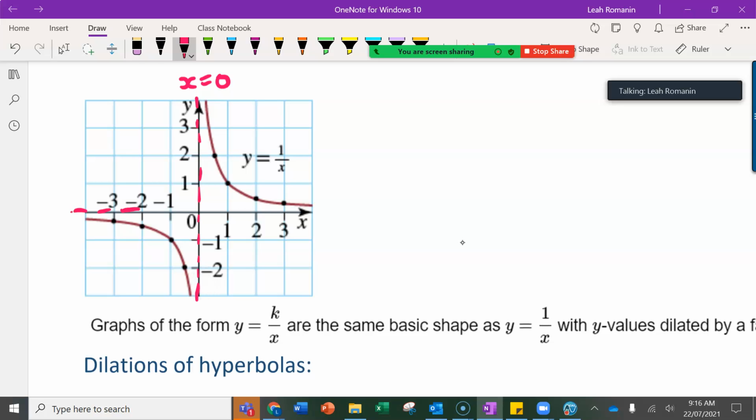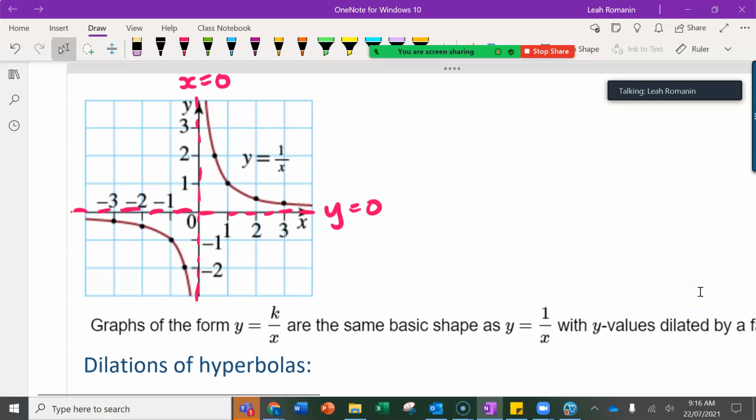And then we also have a horizontal asymptote, which has the equation y equals 0. So as you can see, we have 2 asymptotes. When I do these graphs, I always find it easiest to draw my asymptotes in first, just to make things a bit clearer about where my graph is going and what lines I cannot cross.